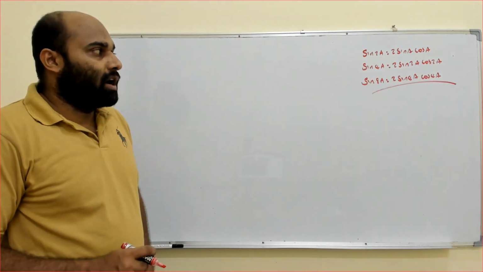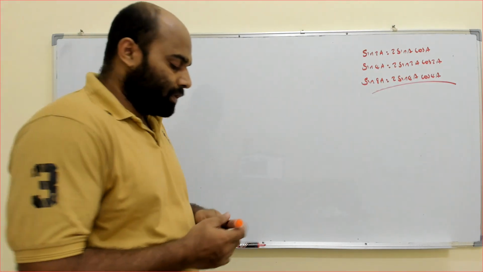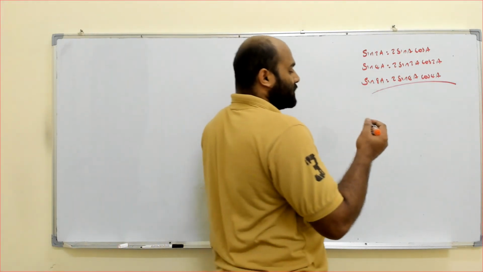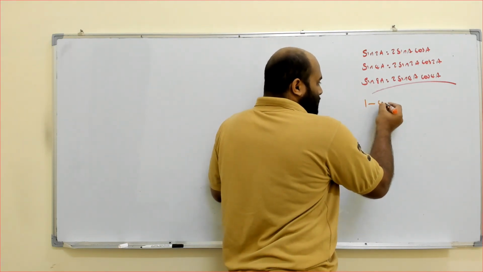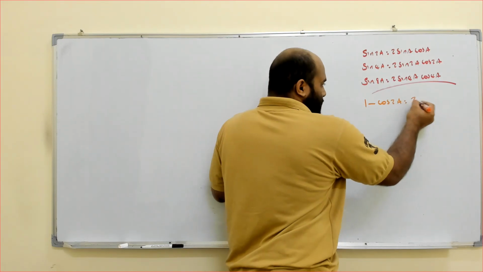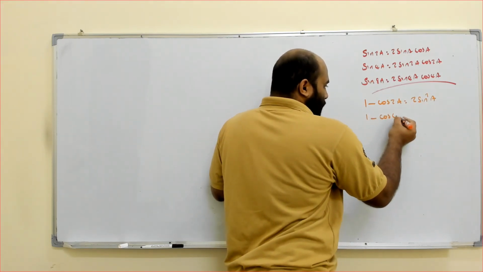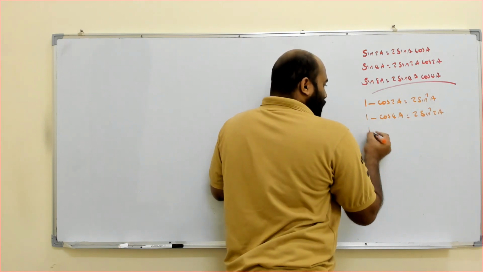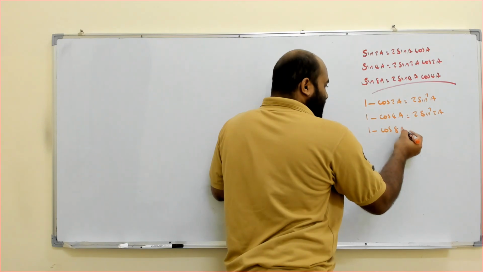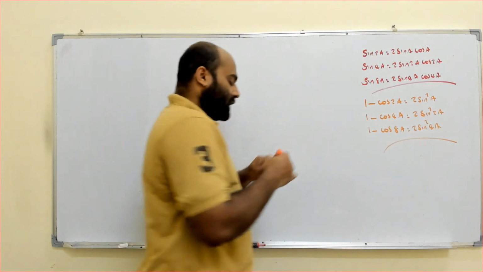Please write it. What is 1 minus cos 2A? That is 2 sine square A. 1 minus cos 4A is 2 sine square 2A. 1 minus cos 8A will be 2 sine square 4A.